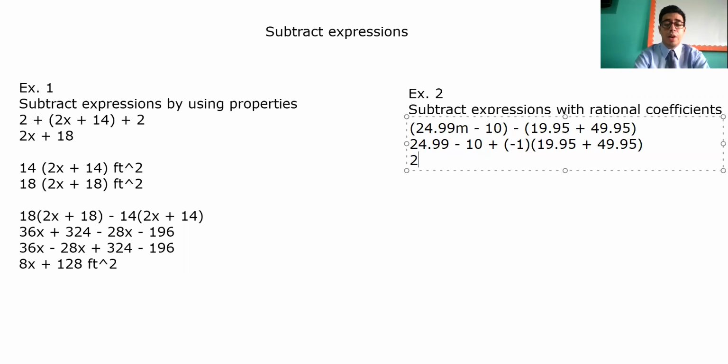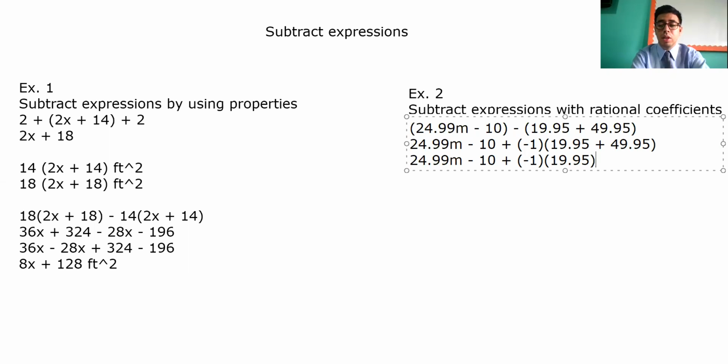Okay, and the -1 is going to distribute by all the terms inside the parentheses. So we have 24.99m, I'm sorry, because in here I didn't write the variable, it is m, 24.99m minus 10 plus -1 multiplied by the first term inside the parentheses, that is 19.95, plus -1 again multiplied by the term inside the parentheses, that is 49.95.